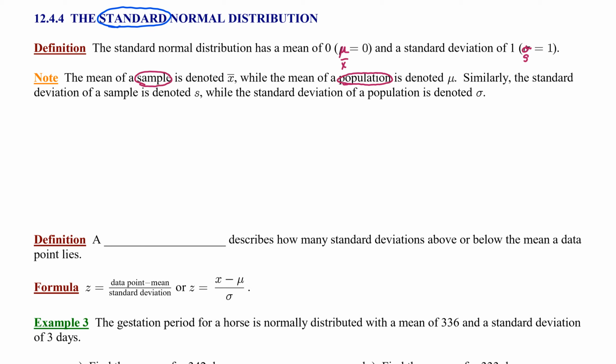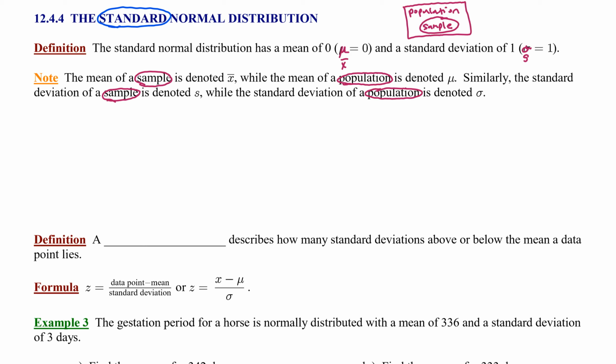Similarly, the standard deviation of a sample is denoted with an s, while the standard deviation of a population is denoted sigma. So if you'll recall, the population is the entire group under study, and a sample, if it's representative and random, can be used to infer conclusions about the population.